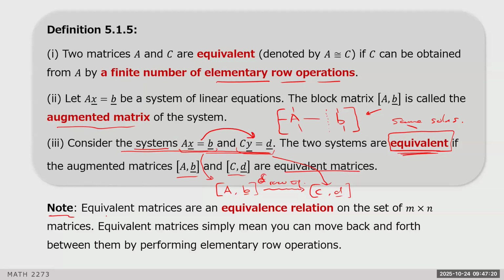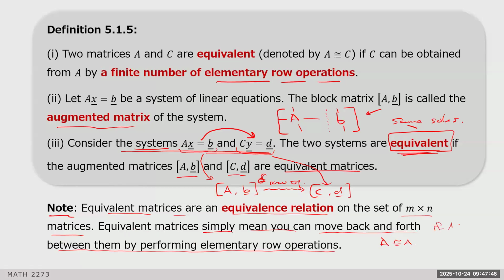I put here as a note that equivalent matrices form an equivalence relation on the set of matrices. So equivalent matrices, what does it mean? It simply means you can move back and forth between them by performing elementary operations. So every matrix is equivalent to itself. You perform no row operation.